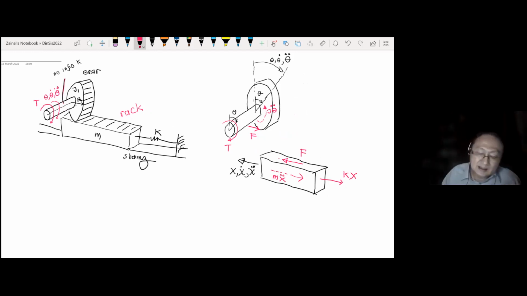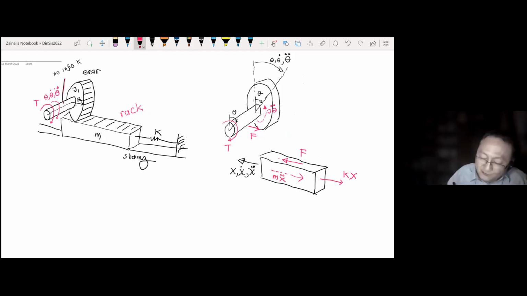Any question? So from the gear, what do you have?